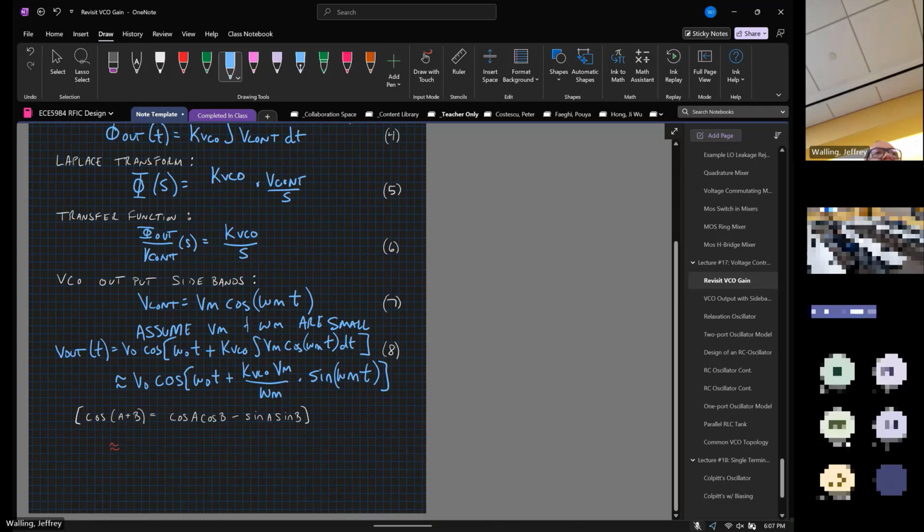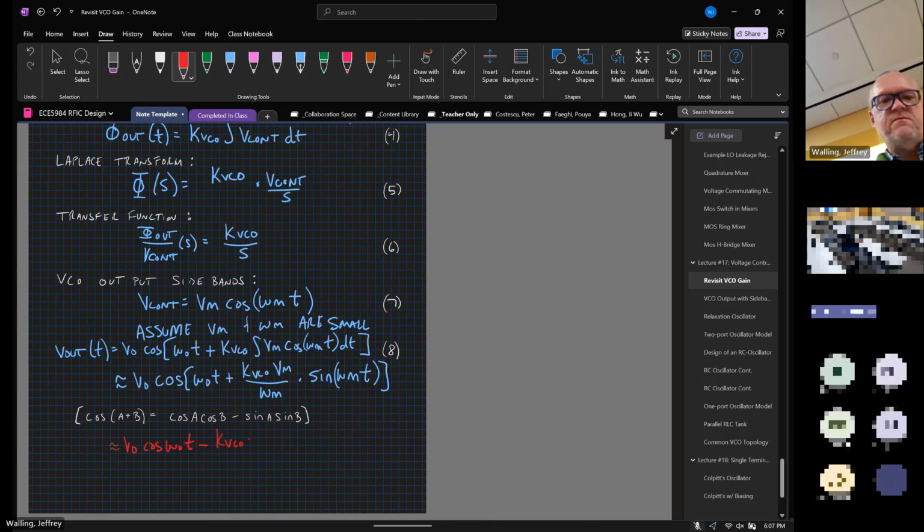Cosine of a plus b is equal to cos a cos b minus sine a sine b, and ultimately show that this whole thing is approximately equal to V naught cos omega naught t minus k VCO times Vm times V naught over 2 omega m times the quantity cos of omega naught minus omega m times t, minus cos of omega naught plus omega m times t.